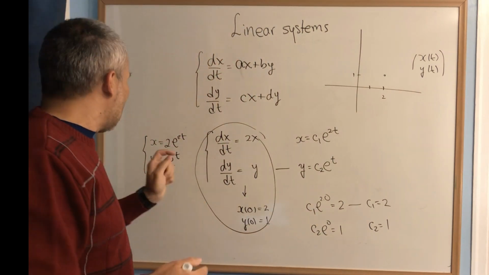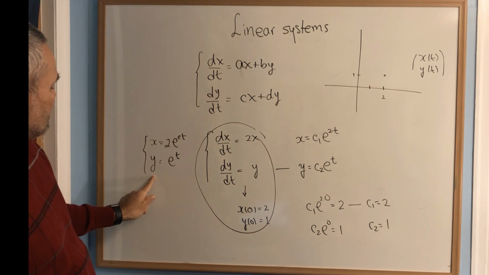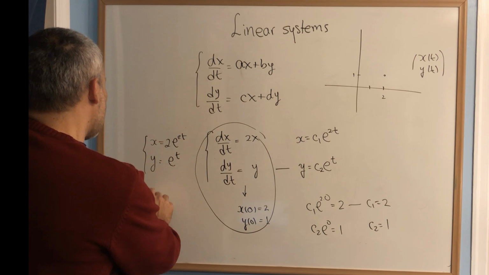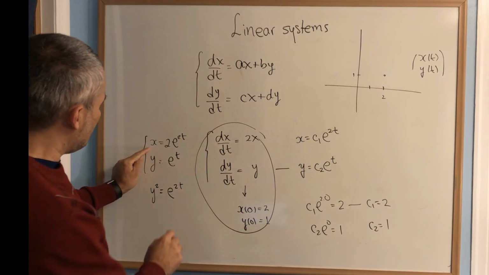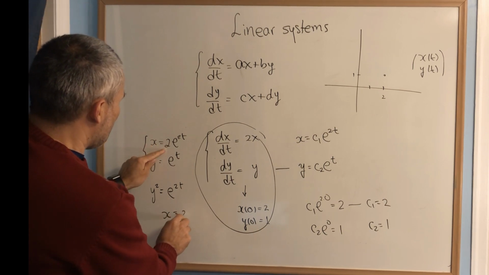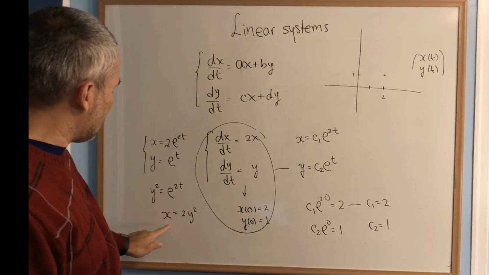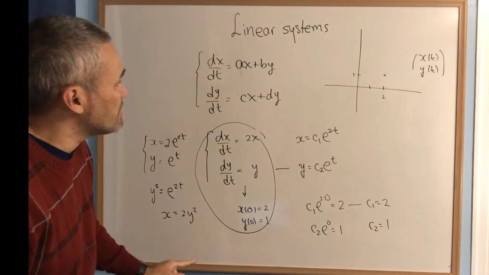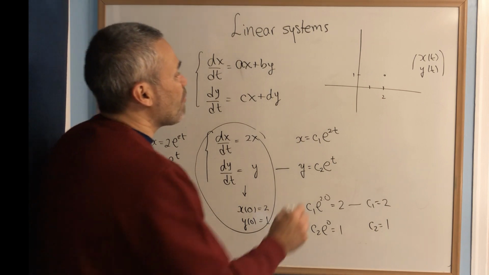And what happens if we do y squared? Notice that y squared is e to the 2t, right? Then we get that x is equal 2 times y squared. Therefore, x equals 2y squared, this is half of a parabola that opens to the right.